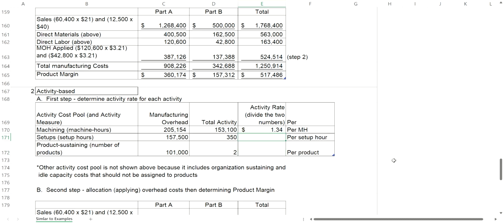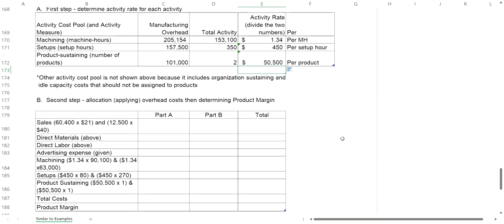Okay, for setups, 157,500 divided by 350. And I get 450 per setup hour. And then 101,000 divided by 2 is 50,500 per product. So we've done my first step.